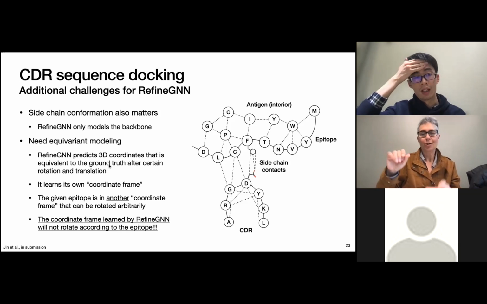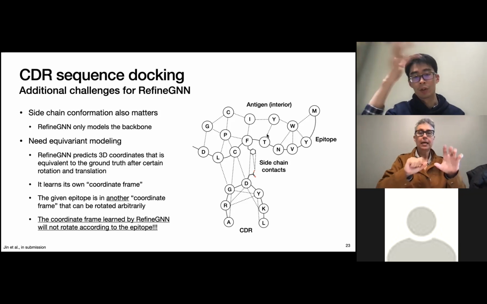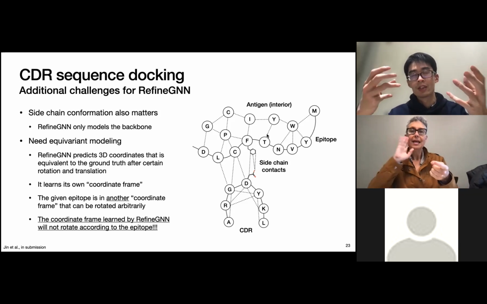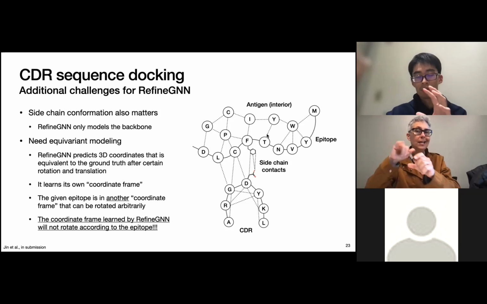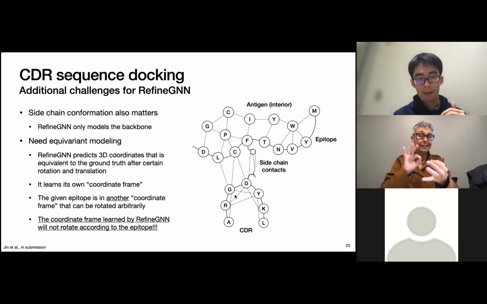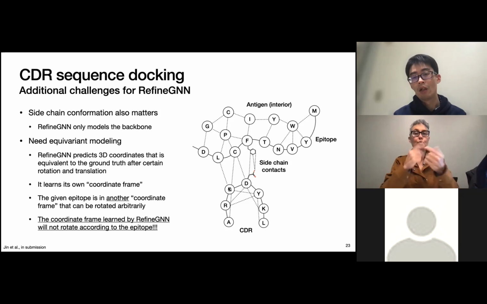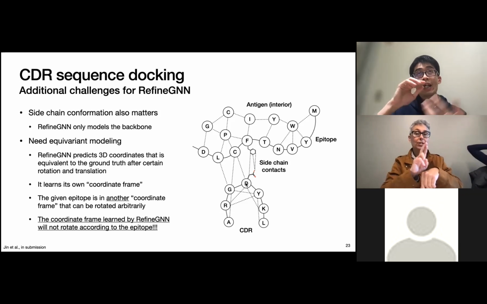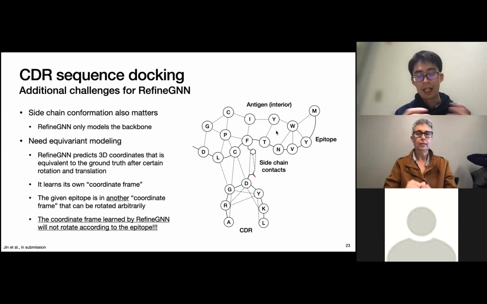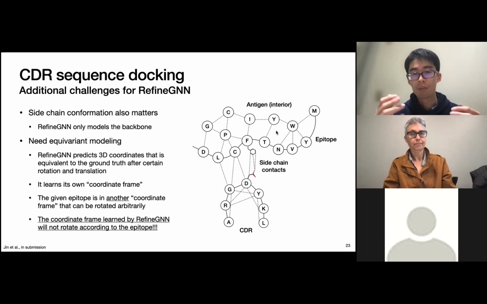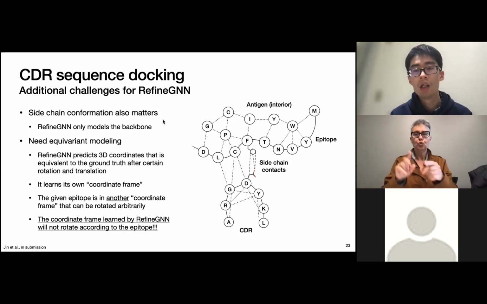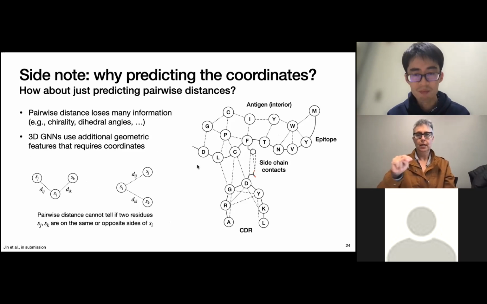The epitope or the antigen can rotate arbitrarily, and the RefineGNN model will still just predict the same coordinates in its own coordinate frame. So this is a problem. Ideally, we want to predict the coordinates of the residues in a way that is equivariant to the antigen. So these are the two problems that we need to address in order to extend this RefineGNN model for antigen docking.